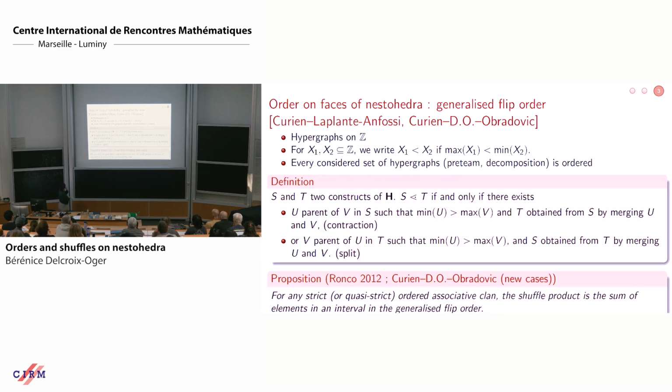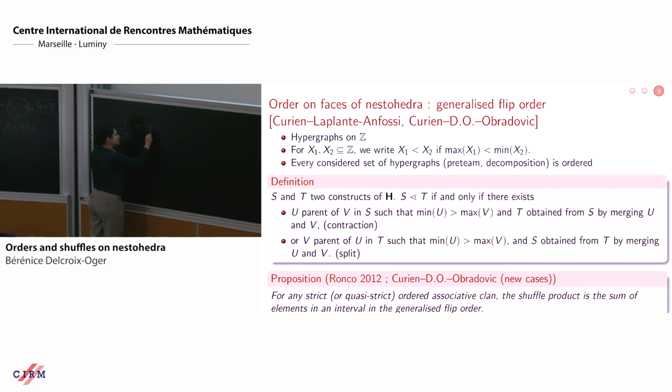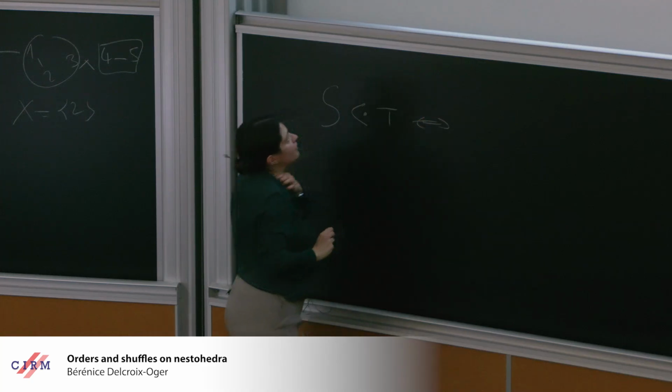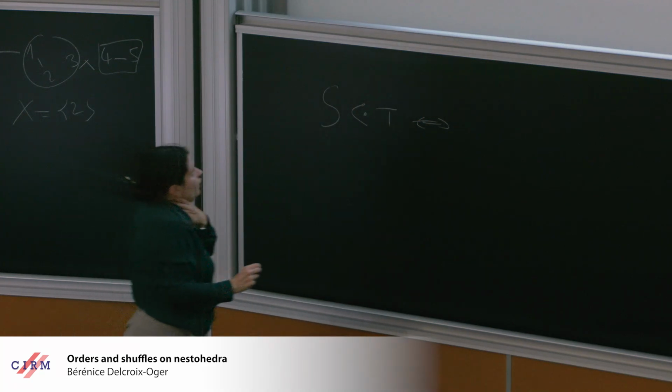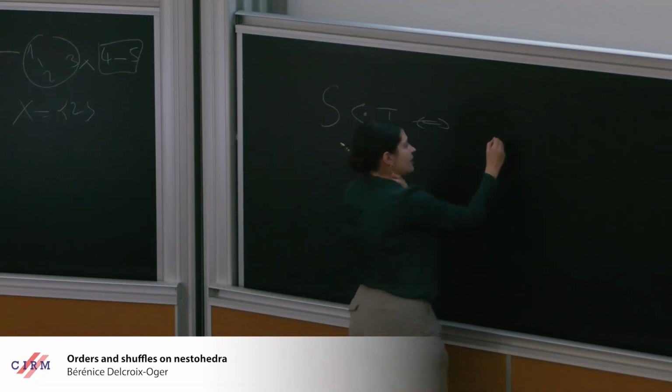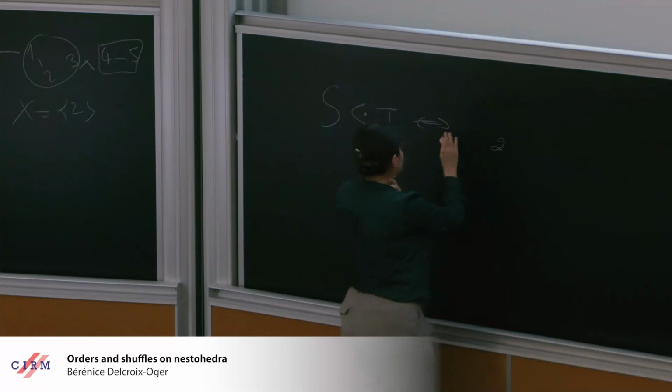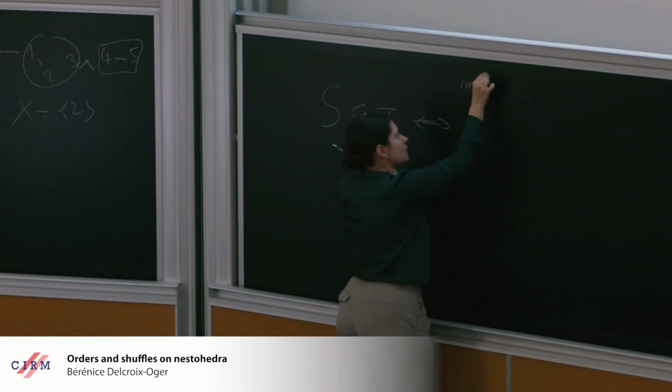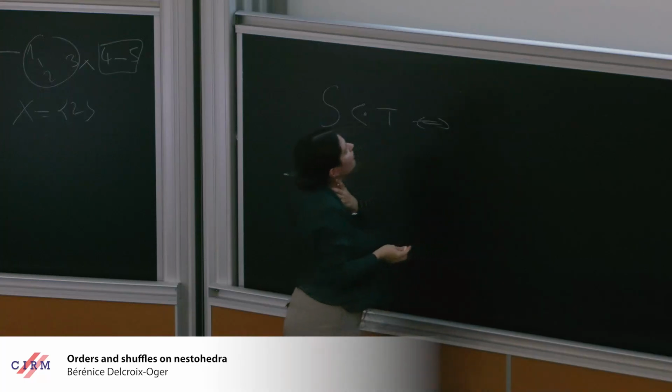So we say that S is covered by T if we have, so either something like, so let's say that M. I don't know how to write it.